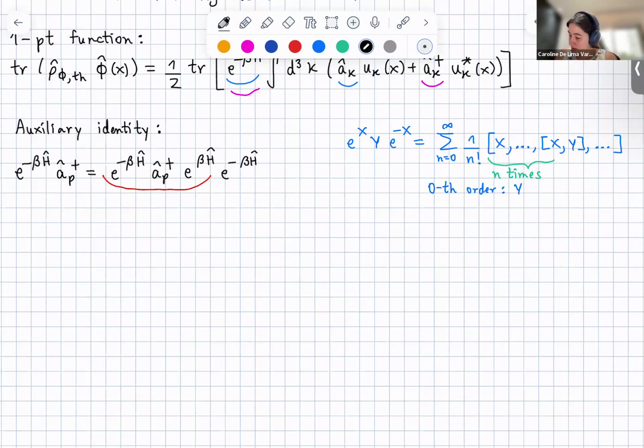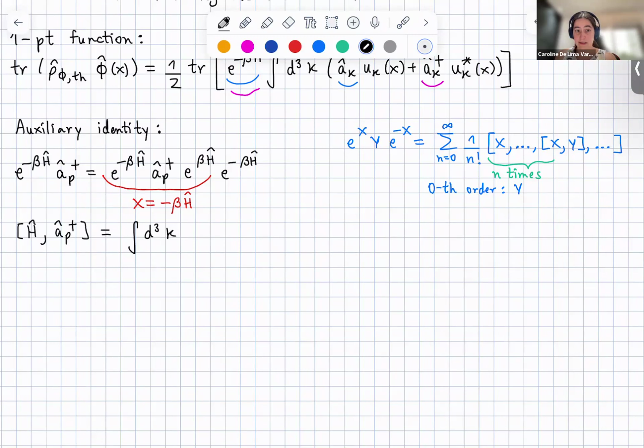So let's try to compute a few of these terms. In the expression that I have here, x should be minus beta H, where beta is just a scalar. So let's look into the commutator between H and a_p dagger.